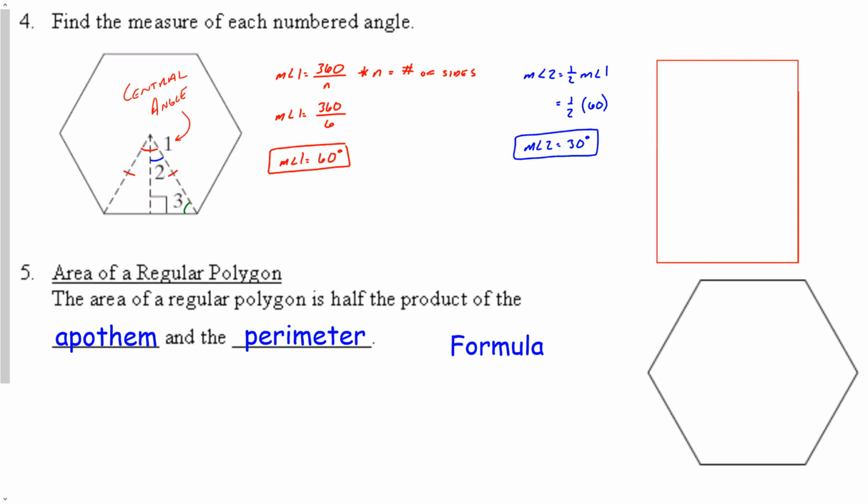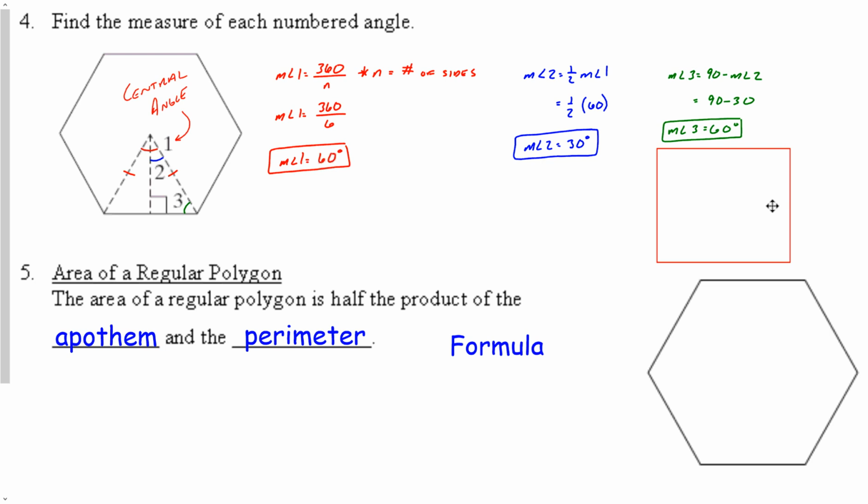Now, finding the measure of angle 3, there's a couple of different ways we could do that. First way is to think of the measure of angle 3 within just one of these small right triangles. If I've already taken out this 90-degree angle, that means angle 2 and 3 have to add up to 90. So 90 minus measure of angle 2, which we already know, would give us a measure of angle 3 as 60 degrees.